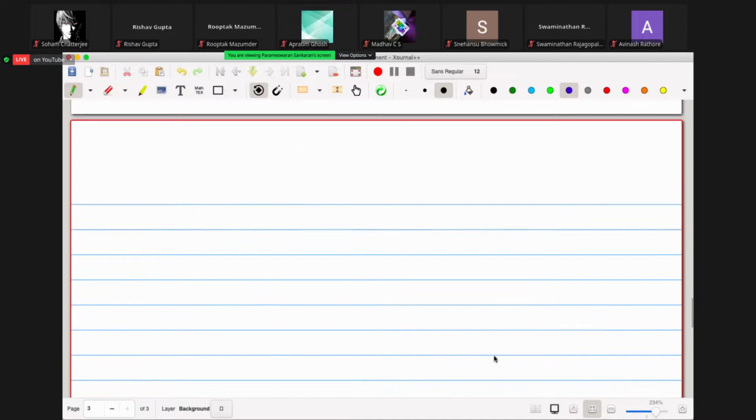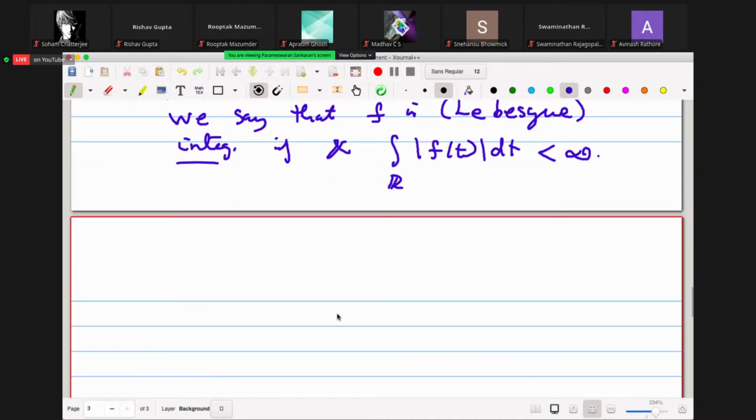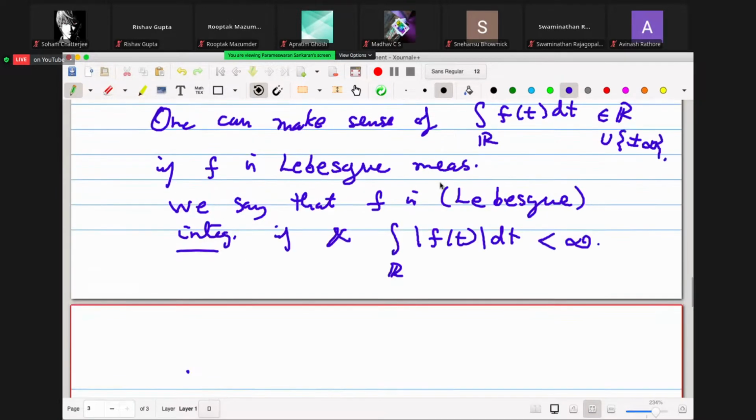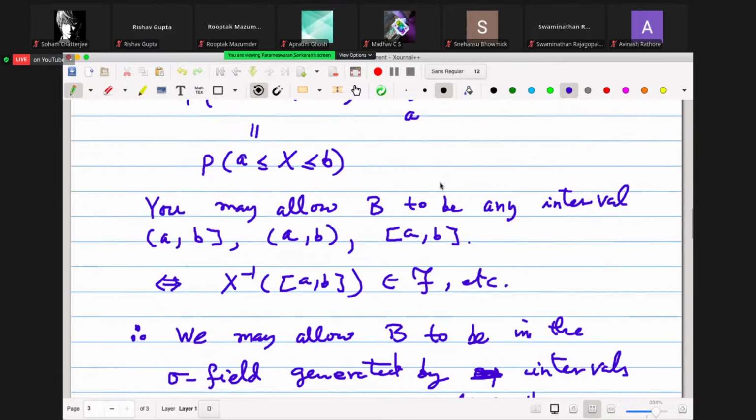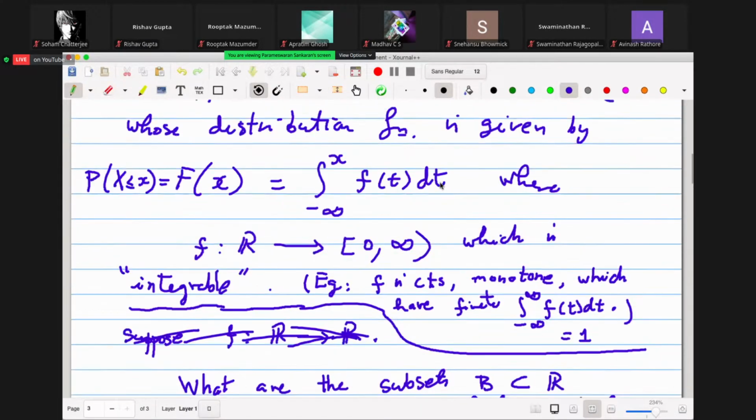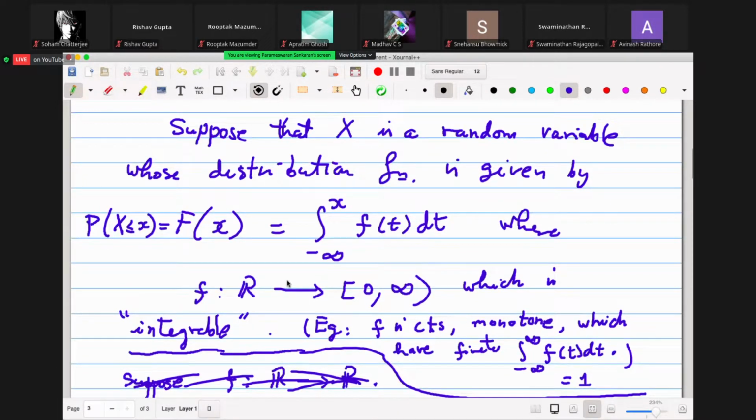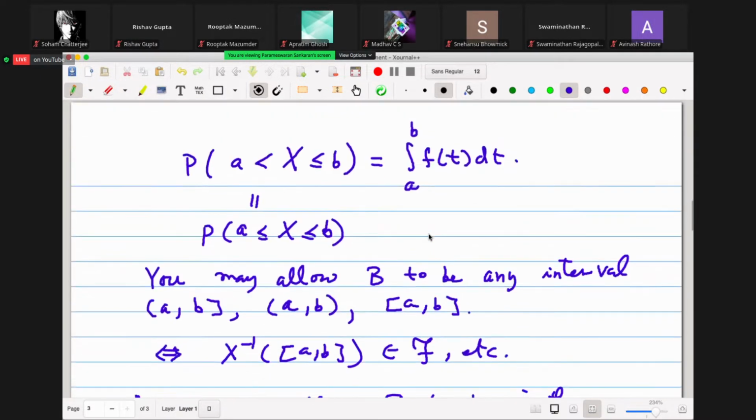And when that happens, it is in this sense that you want to make sense of the first part of this definition here. So this is the same thing as saying the integral over the interval minus infinity to x of f(t) dt. You just compute it, whatever be the meaning.